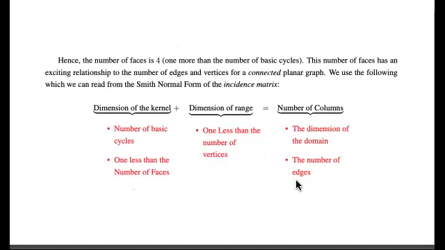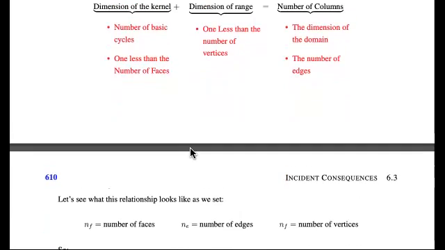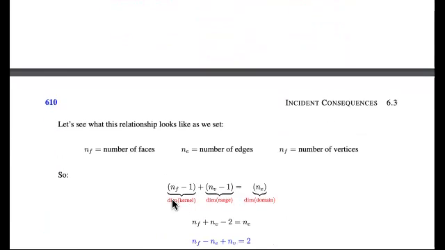So actually we can rearrange this idea as follows. This is assuming we have a planar graph, because in a planar graph, remember that this dimension right here of the cycles is 1 less than the number of faces. That happens for a planar graph. So using that idea, with some notation, number of faces, number of edges, number of vertices, we see this is the dimension of the kernel, 1 less than the number of faces.